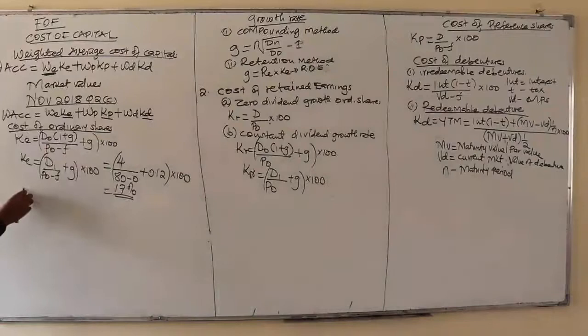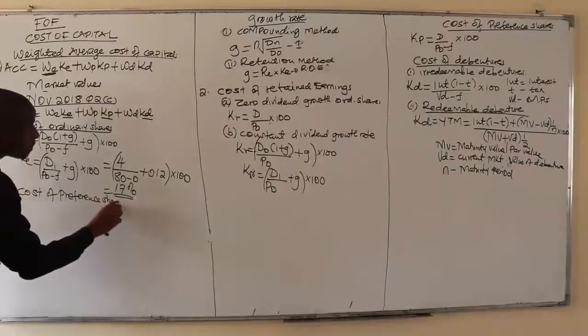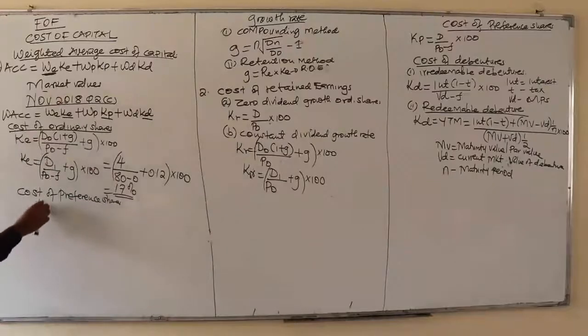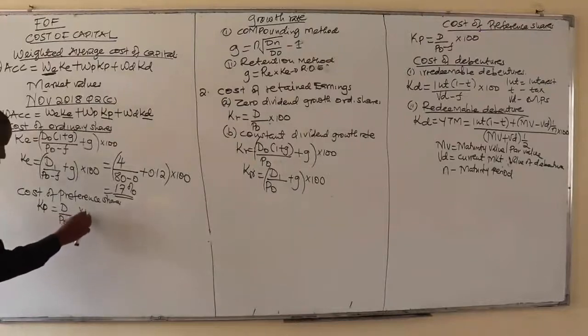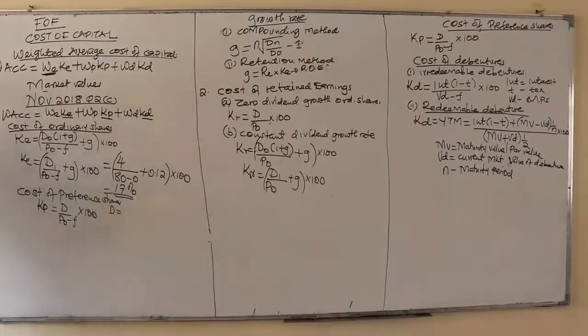The other one is the cost of preference shares, where Kp is given by D over P0 minus flotation cost, multiplied by 100. D is the preference dividend, which is on the capital structure. We've been given 9% preference shares at shillings 100.